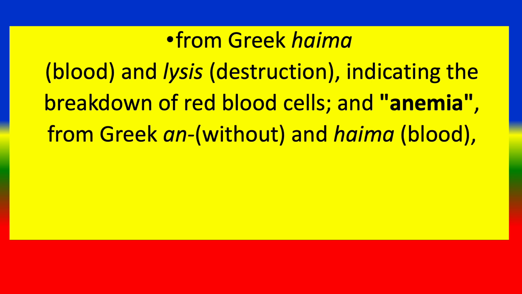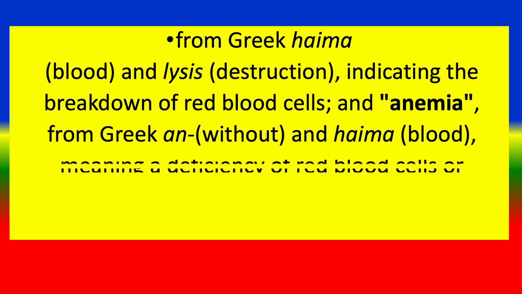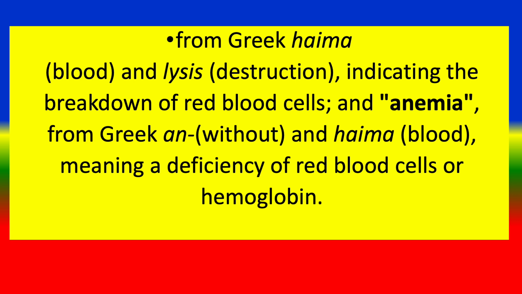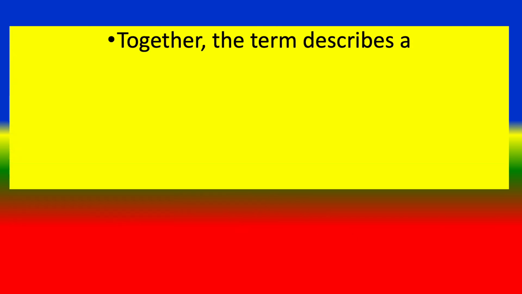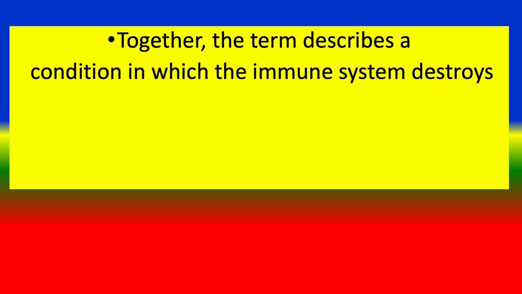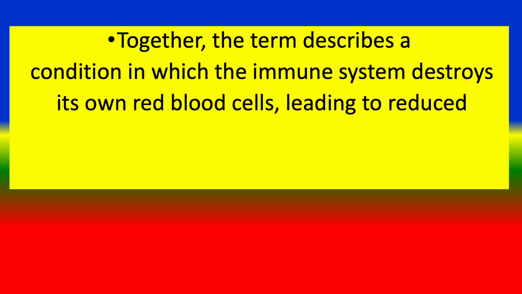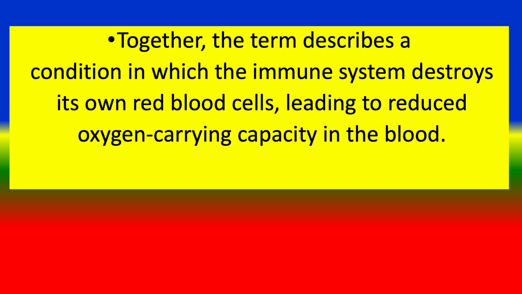Anemia: from Greek an, without, and hema, blood, meaning deficiency of red blood cells or hemoglobin. Together, the term describes a condition in which the immune system destroys its own red blood cells, leading to reduced oxygen carrying capacity in the blood.